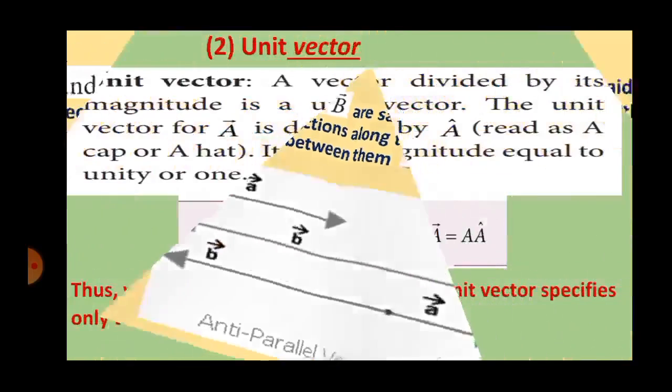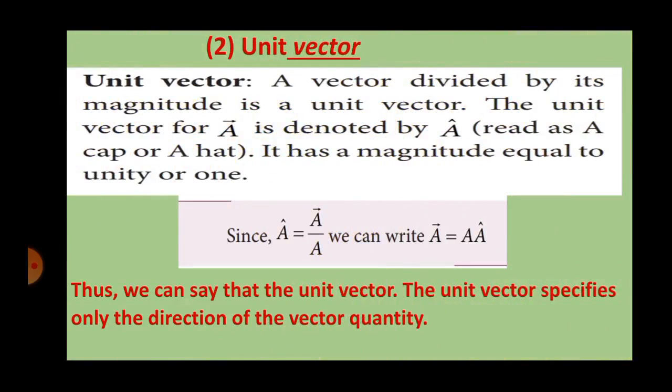Okay, next one, very important one, unit vector. It is very important, sometimes asked as a 2 mark question, so this formula is very important. A vector divided by its magnitude is a unit vector. The unit vector for A vector is denoted by A unit vector or A cap.